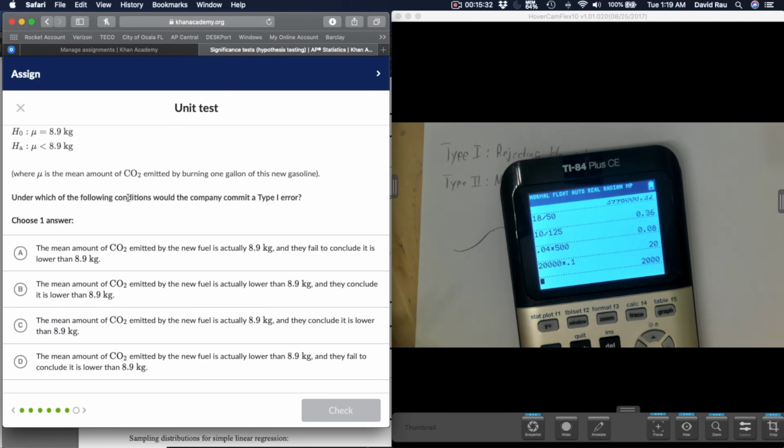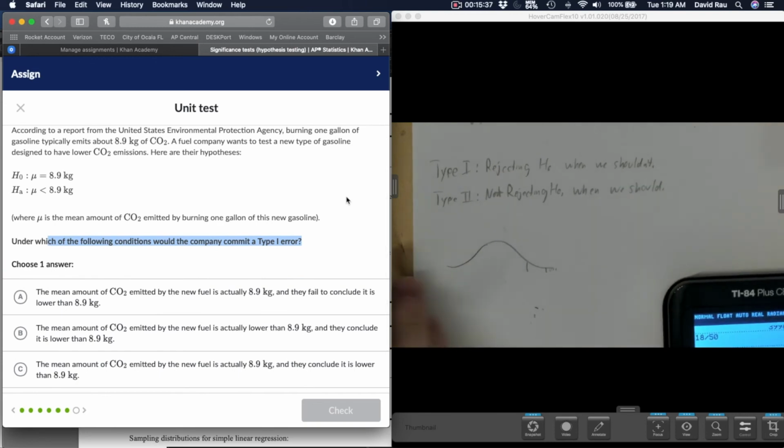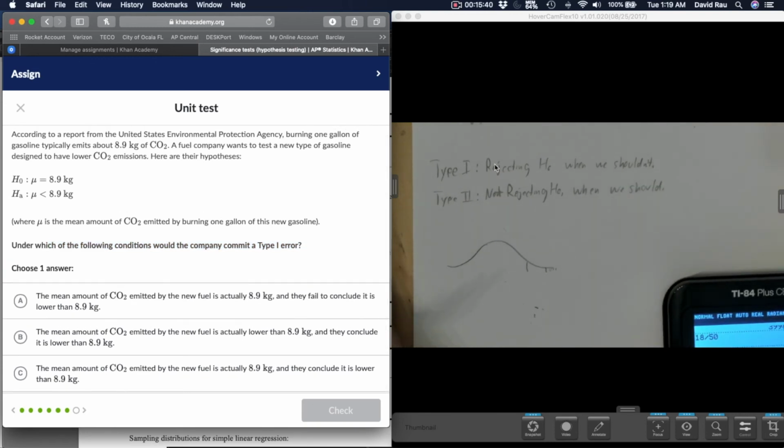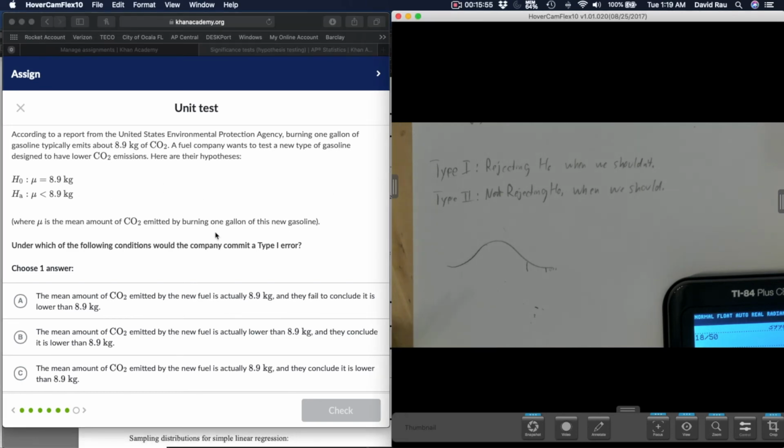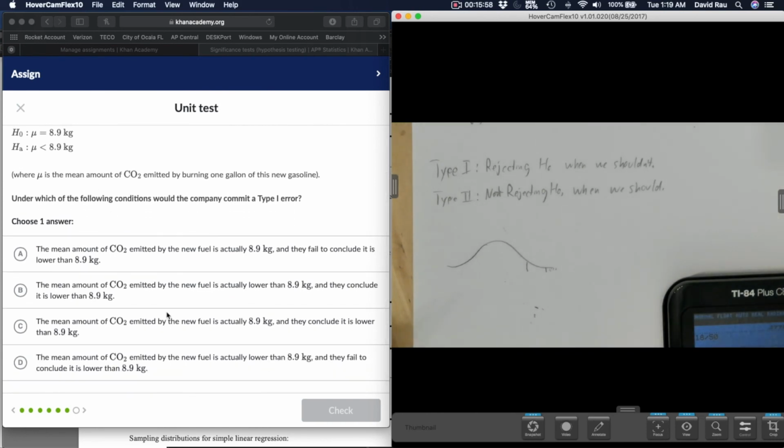All right. So again, interpreting type 1 error, a common thing. So what would it mean to reject H0 when we shouldn't? That would mean we would conclude that it's less than 8.9 when it actually isn't. So, all right, again, that's when you reject. If you're rejecting H0, you're saying HA. So which one says going with HA, saying it is less than, when it's actually not?